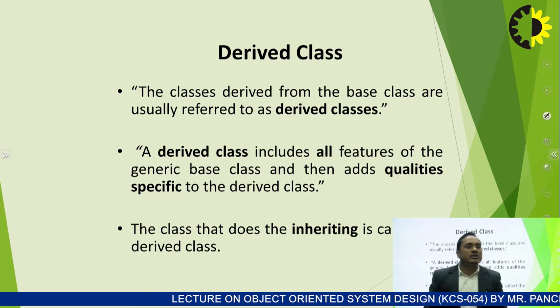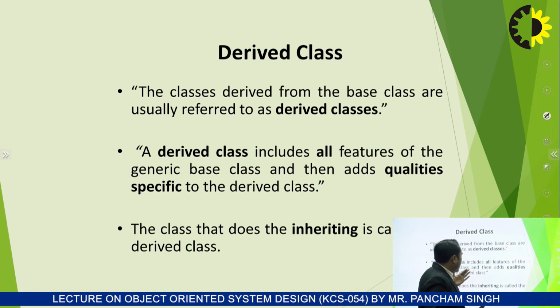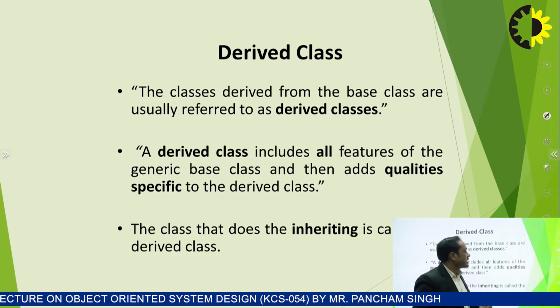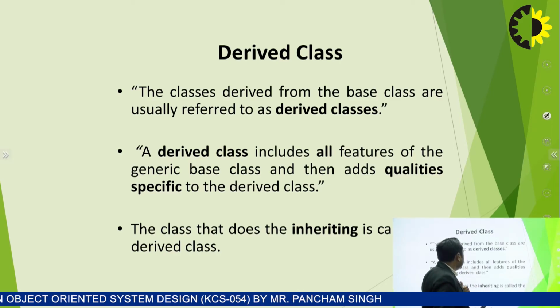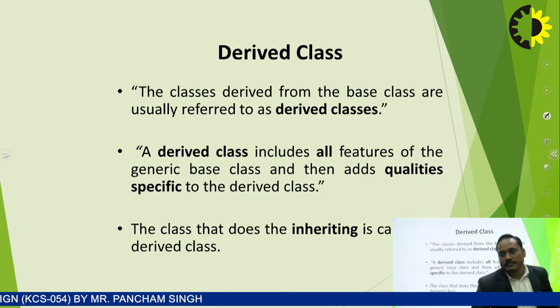Every derived class inherits the properties of the base class. The base class is the main class, and the derived class is the subclass, where every derived class inherits the properties of the base class.